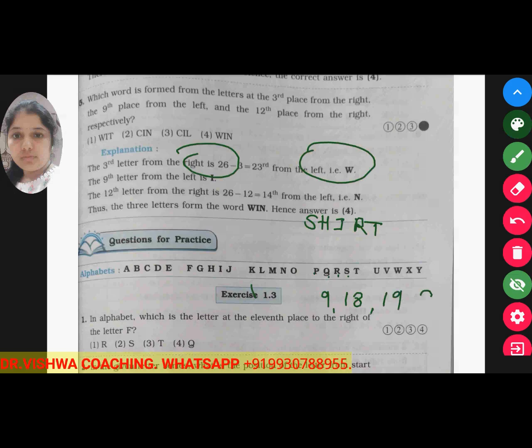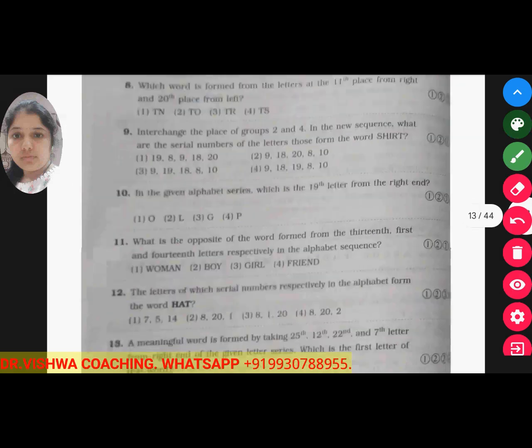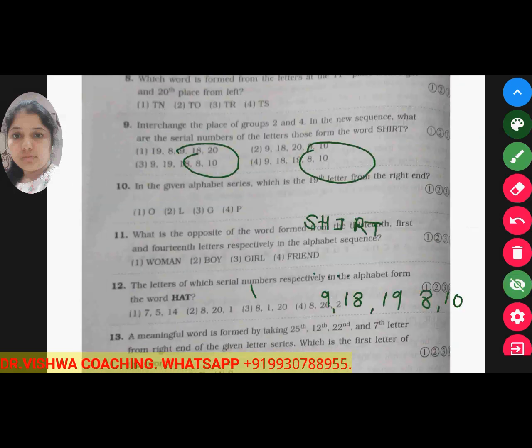Now R is at 8th position and T is at 10th position. Now what is asked? So you just check 9, 18, 19, 8 and 10. Which option is the correct option? So option number 4 is the correct option here.